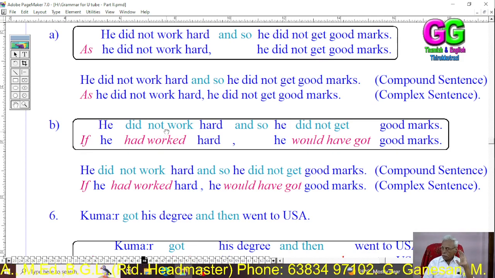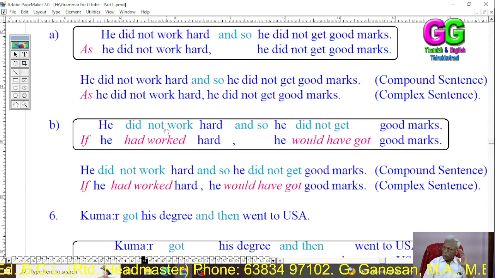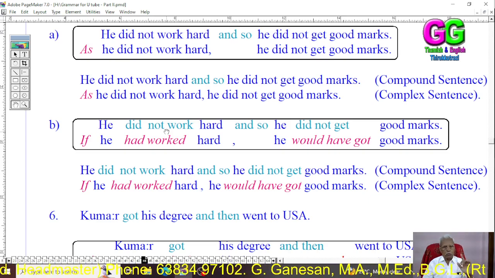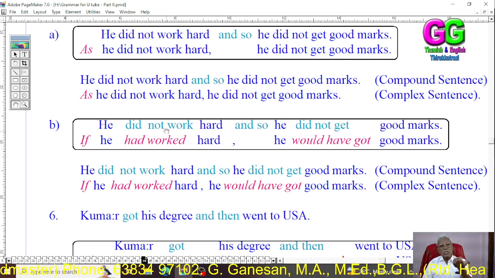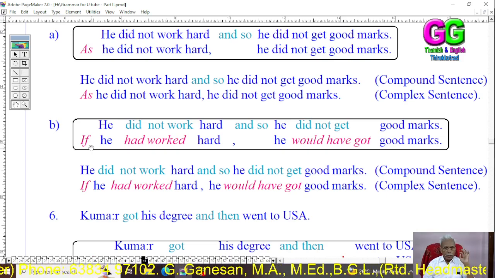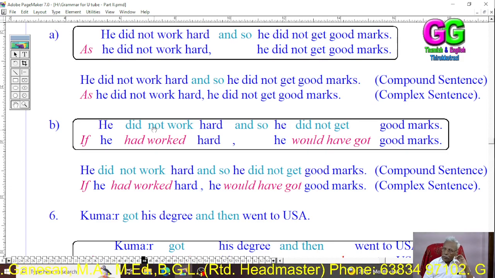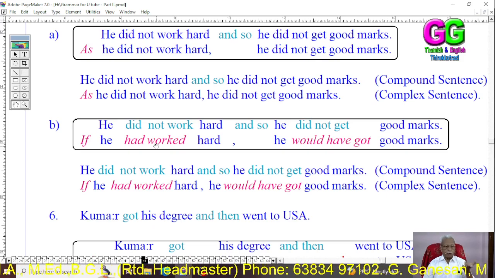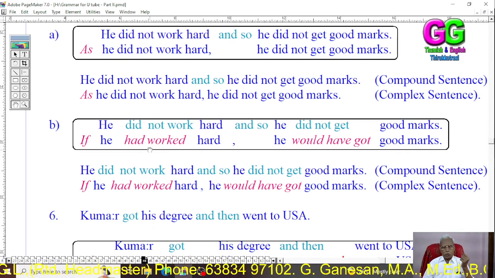When the verbs are in the simple past, we could use only 'if' plus that. So if he, the simple past should be changed into past perfect.